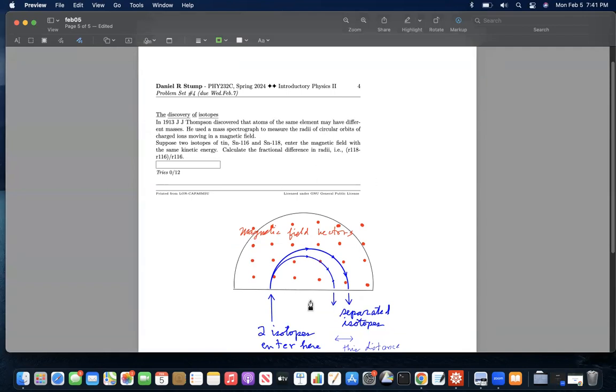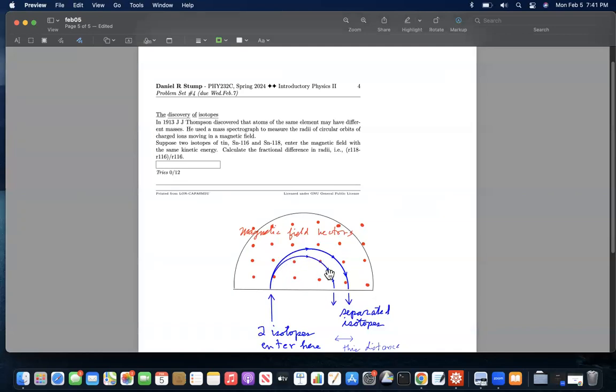So here's the picture of two different isotopes moving in a magnetic field. The magnetic field vectors are indicated by little points here, which describe vectors pointing out towards you. For a vector pointing towards you, we indicate that by a little dot.